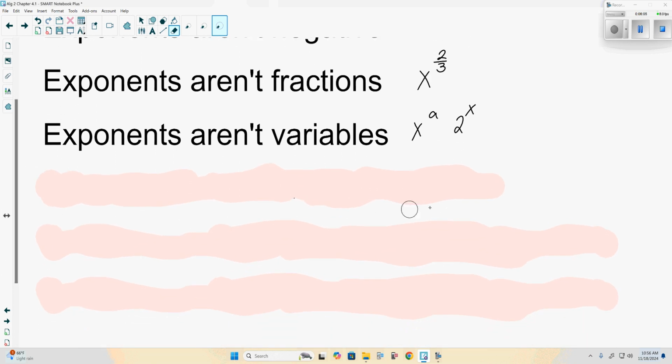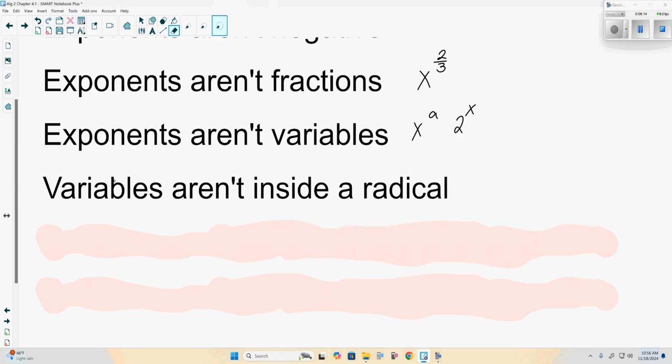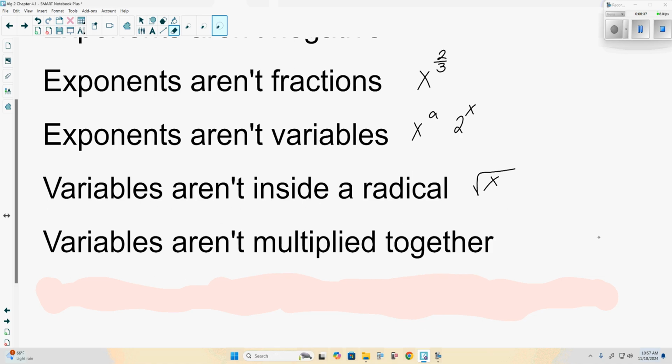Our next one. Variables aren't inside of radicals. Can't have square root of x. We can't have variables being multiplied together like x times y.